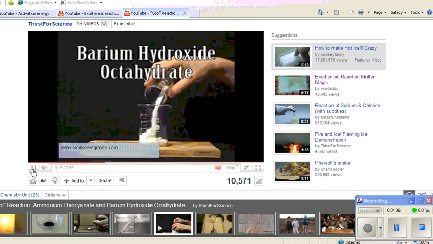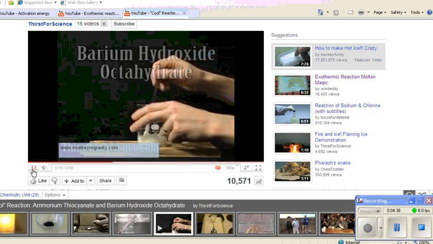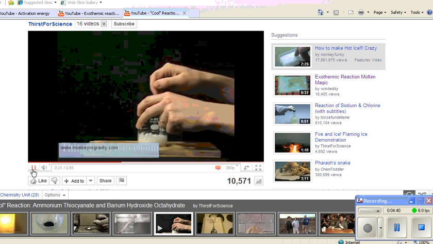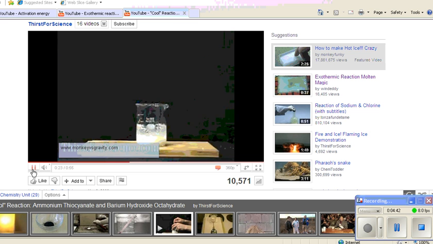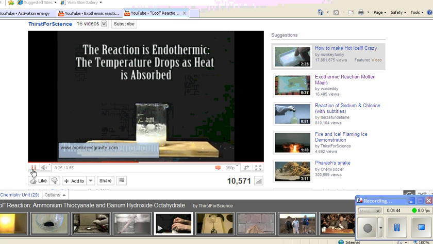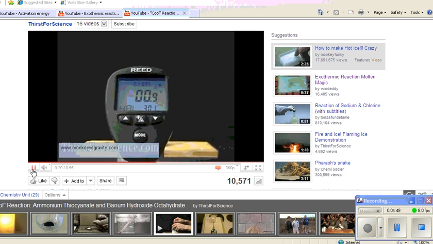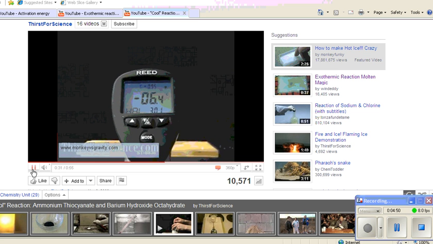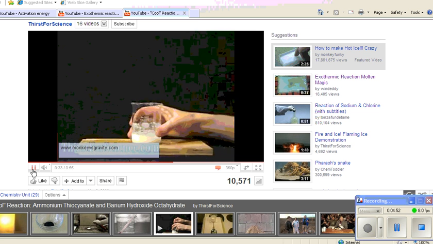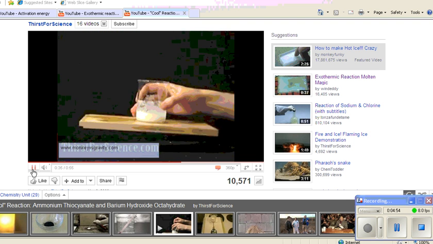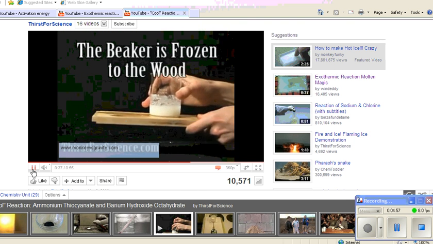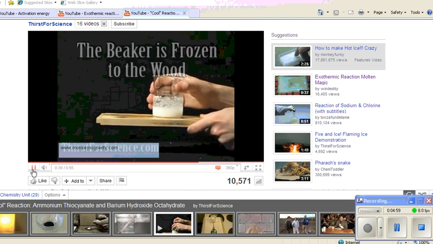And they add barium hydroxide octahydrate to it. So the reaction's endothermic. The temperature drops as heat is absorbed. The beaker is frozen to the wood.